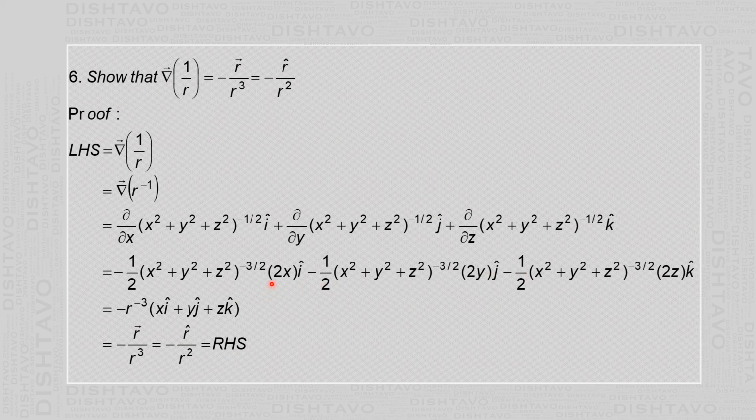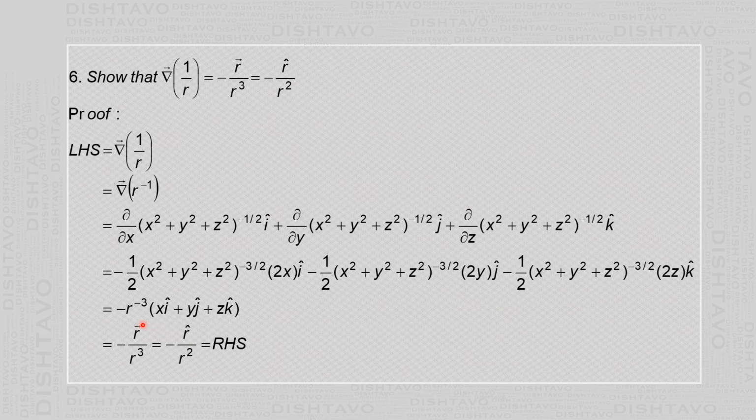Then in each term, the 2 in the numerator cancels with the 2 in the denominator, and x square plus y square plus z square raised to minus 3 by 2, which is r raised to minus 3 with the minus sign, comes out as a common factor, and what remains inside is x i cap plus y j cap plus z k cap.